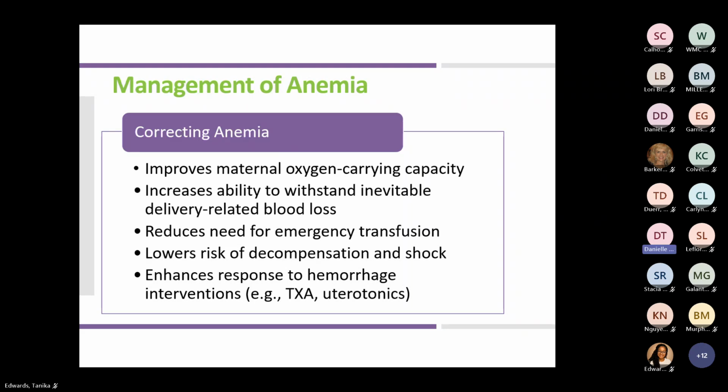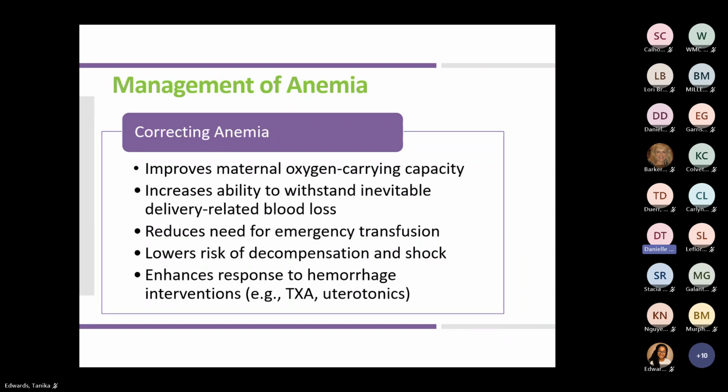So how do we correct anemia, or why do we correct anemia first? The first thing is it improves the ability for mom to pass oxygen over to baby, so it improves maternal oxygen carrying capacity. As we all remember, hemoglobin is the vehicle that moves oxygen around the body. It's also going to increase the ability for the patient to withstand delivery-related blood loss.